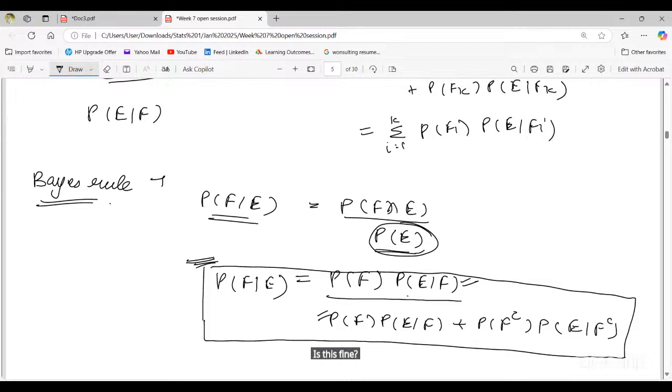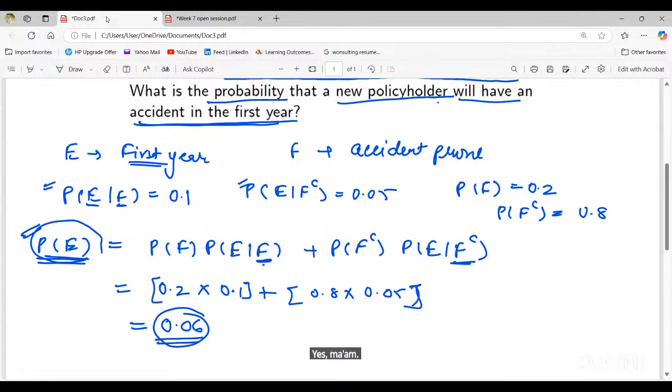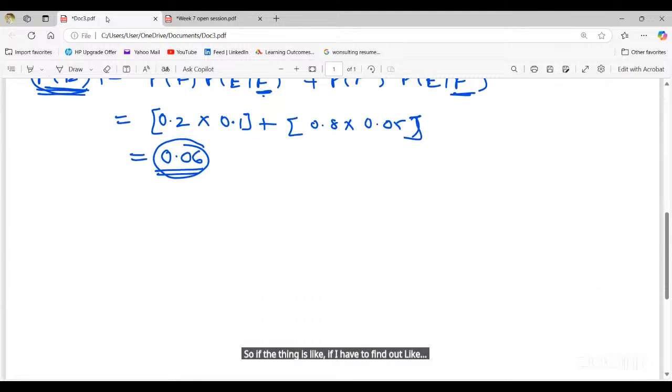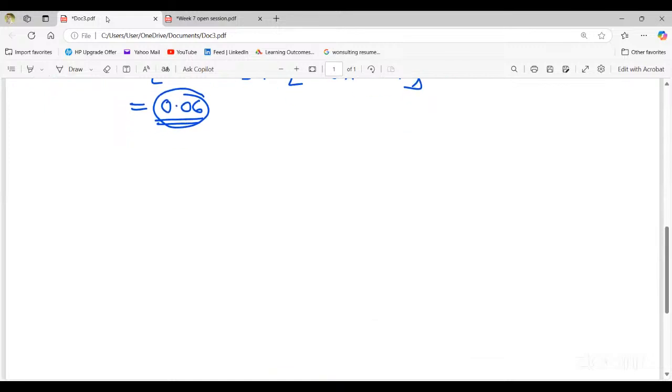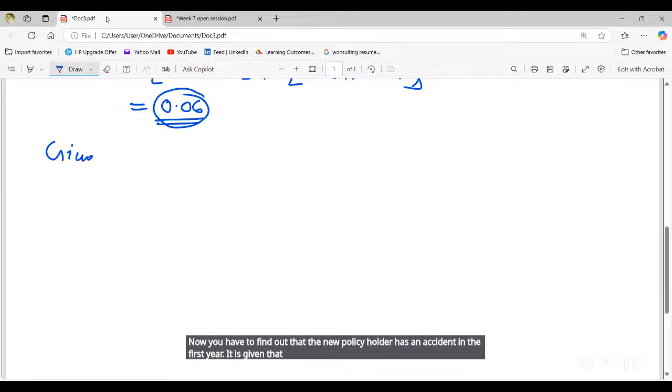Now, if you see in this question, if I have to find out that the new policy holder has an accident in the first year, it is given that he had an accident in the first year.